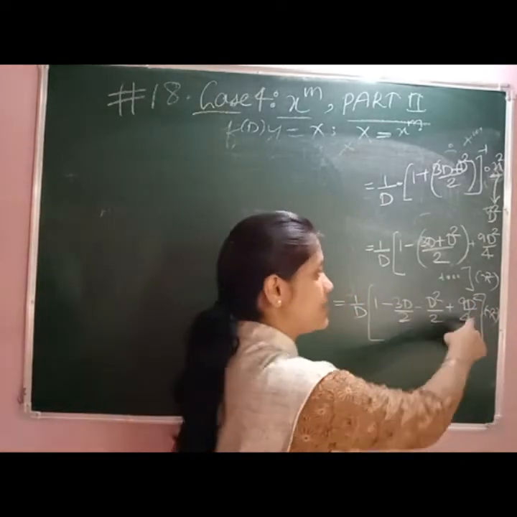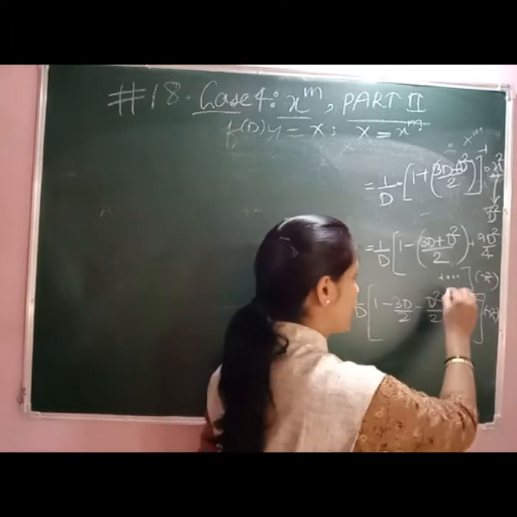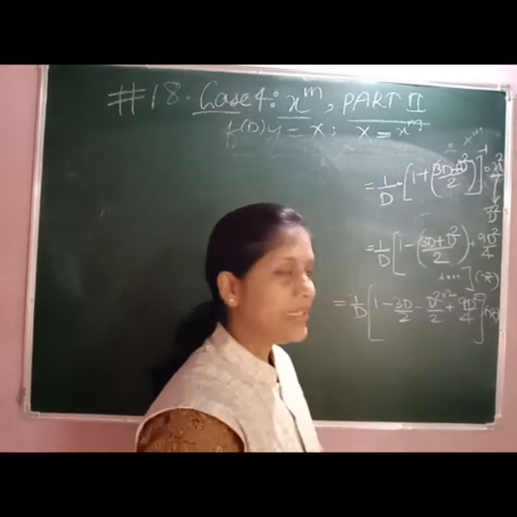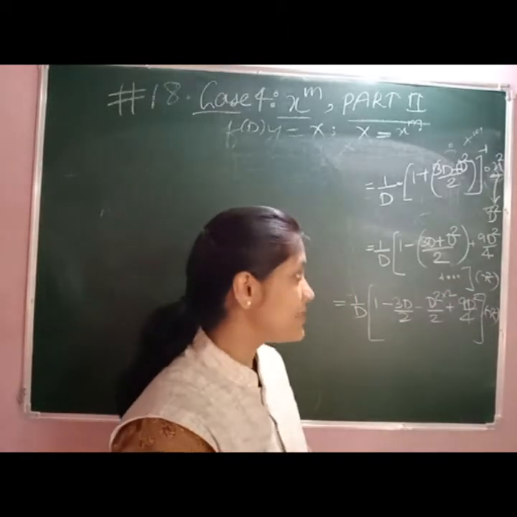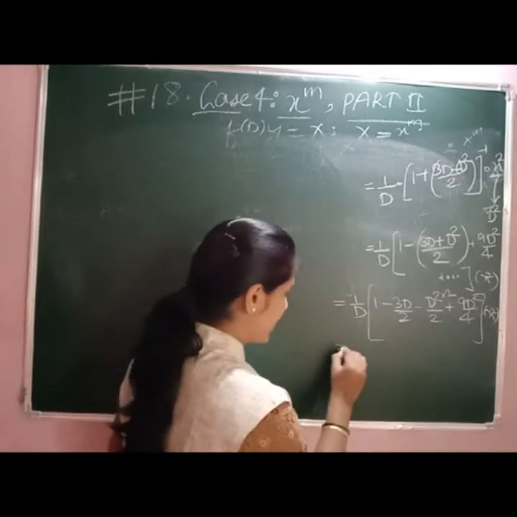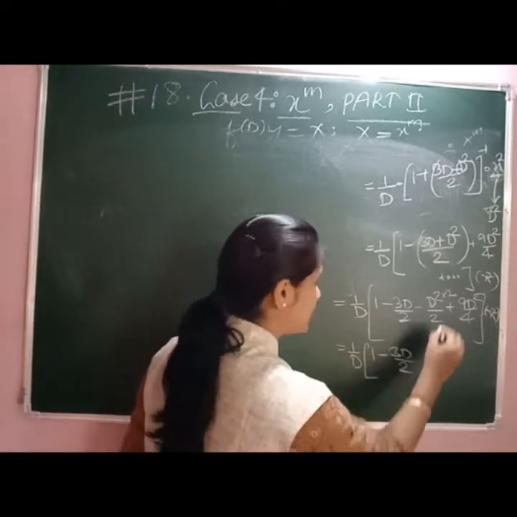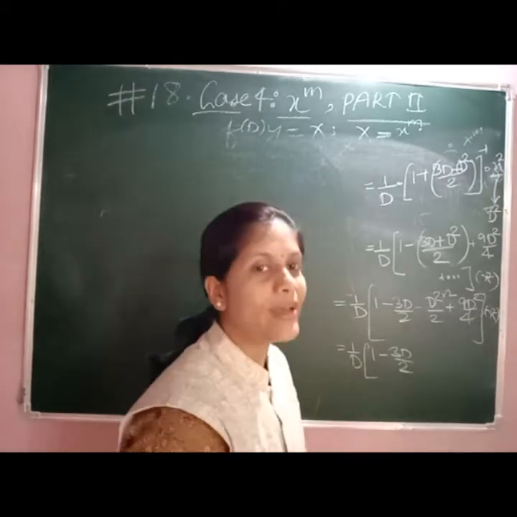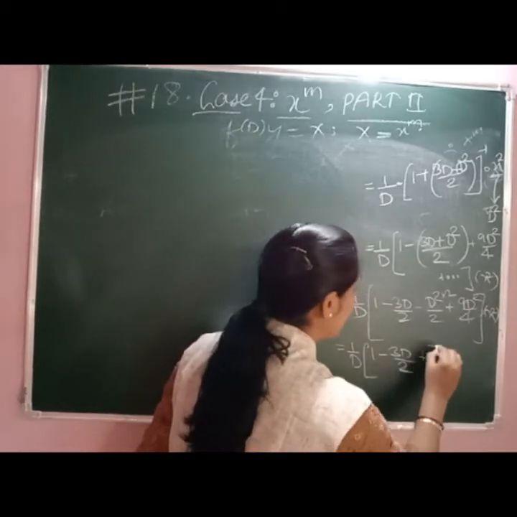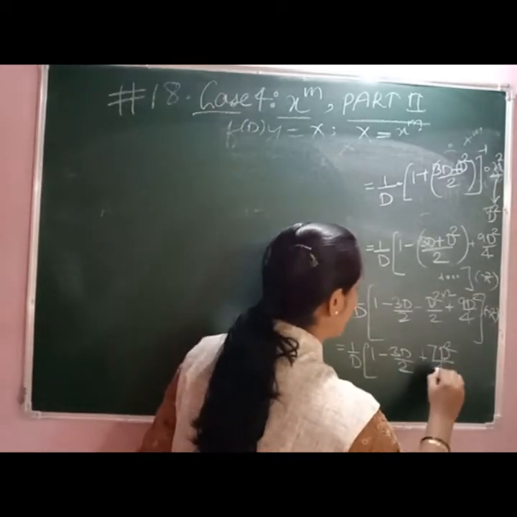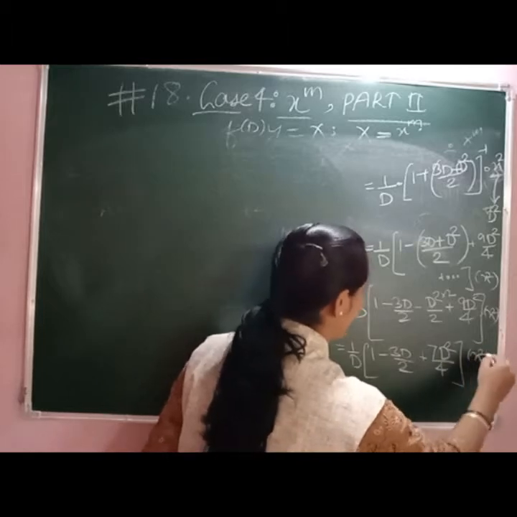LCM is 4, 2 2s are 4. So minus 2d square plus 9d square is 7d square by 4. So this can be written as 1 by d as it is, 1 minus 3d by 2 as it is, plus 7d square by 4 of x square.